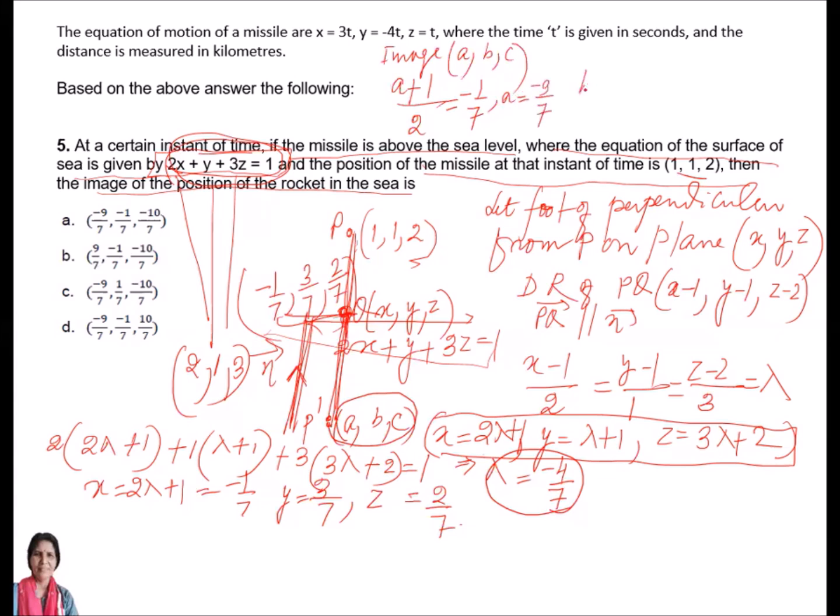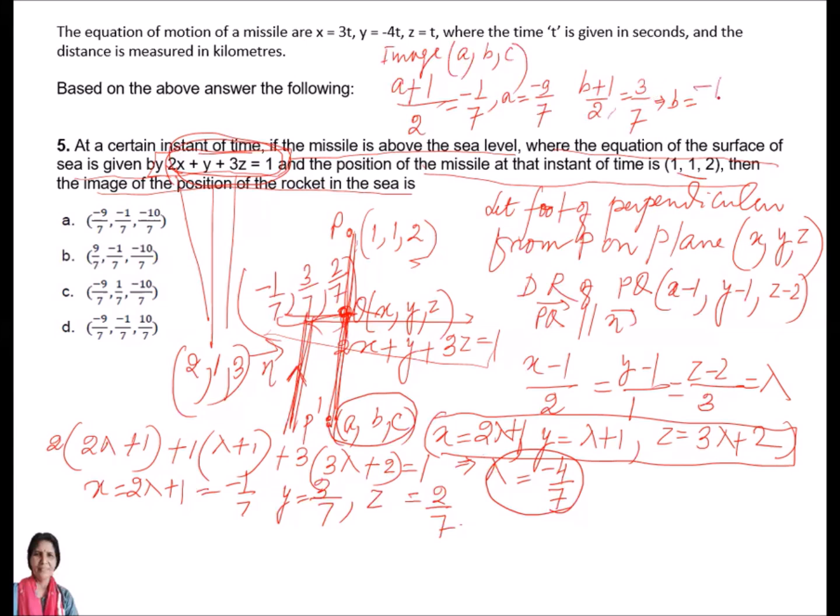Similarly for B, I'll write (B plus 1) by 2 is equal to 3 by 7. This gives me B is equal to 6 by 7 minus 1.